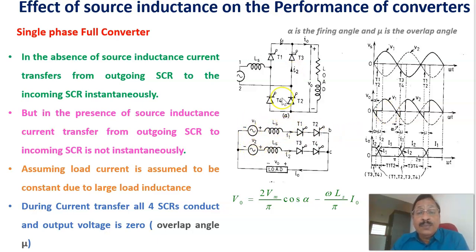During the overlap angle period, this is the equivalent circuit; we are just splitting it. This is the voltage that is coming at this point, marked with plus and minus here, and this is the source inductance. The corresponding current is marked as I1, and thyristors T1 and T2 are conducting at the same time, so this is one parallel circuit.